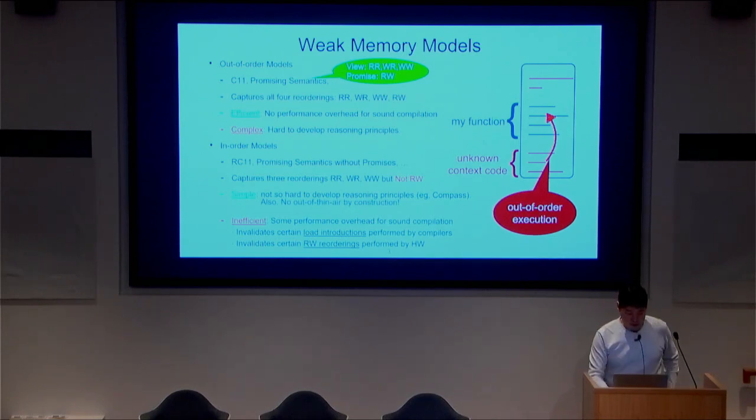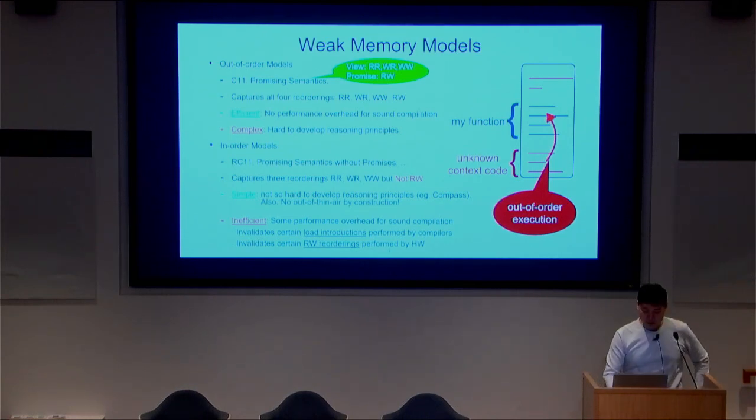Whereas there are in-order models. For example, RC11 repairs C11, and also promising semantics without promise, just with the view. Without the promising mechanism, that's now in-order semantics, because view does not have out-of-order execution. These models can capture 3 reorderings, but not load buffering. The upside is that it's simple.